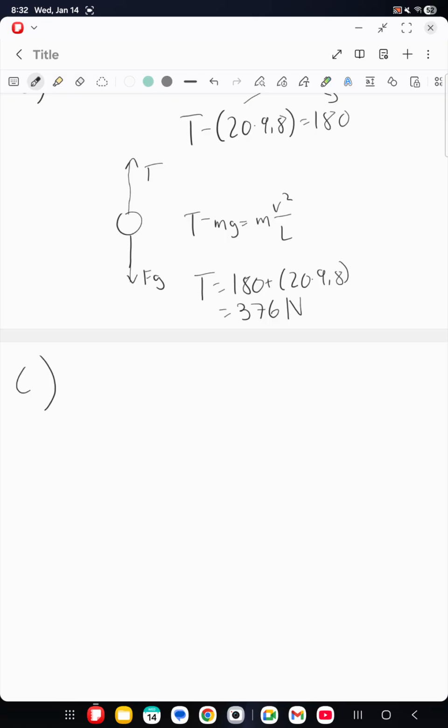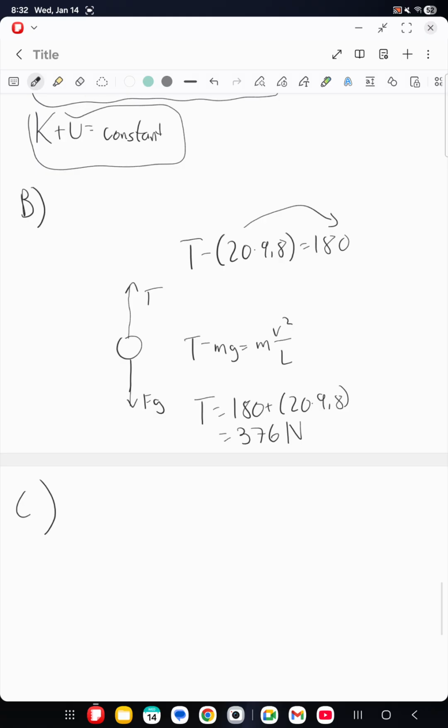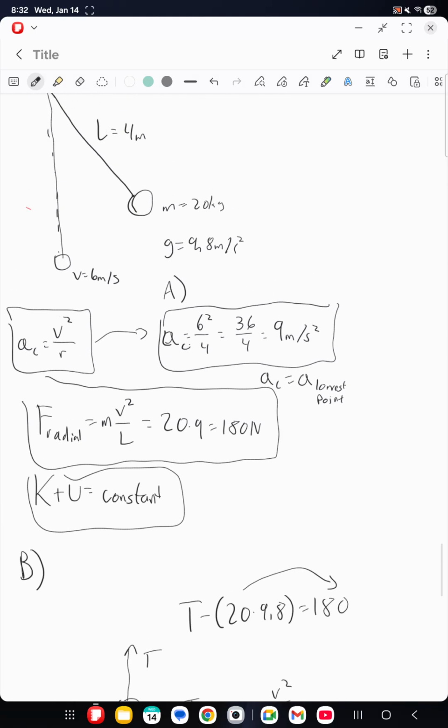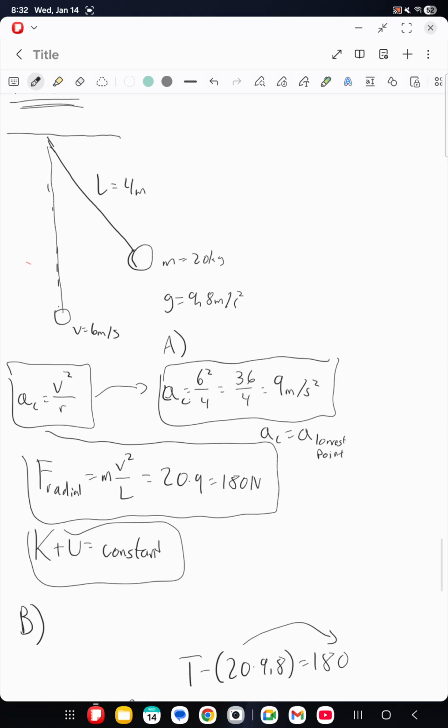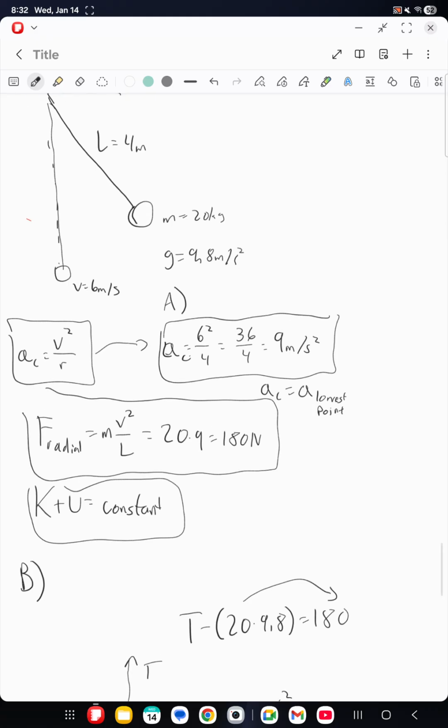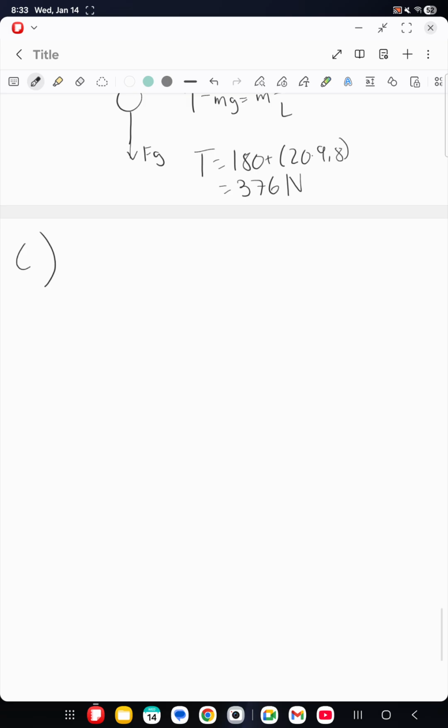We found out that this child feels 376 newtons of force when he's at the bottom, and we also learned his acceleration when he's very close to the ground on his little swing. So our equations were to see what happens when he's at his lowest point. Now we're doing the opposite. We want to see what is the maximum height that he can reach.